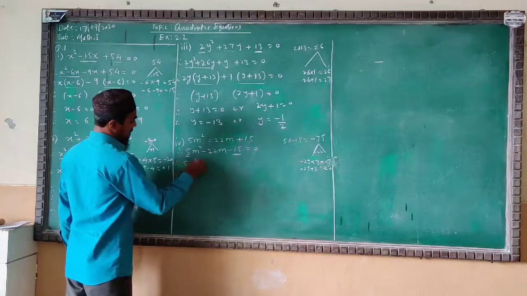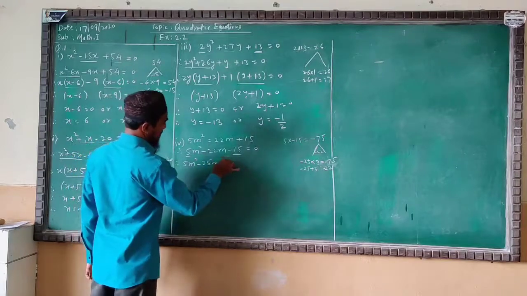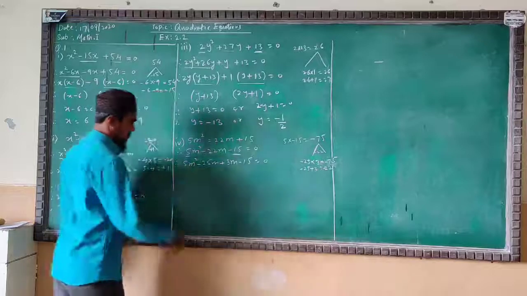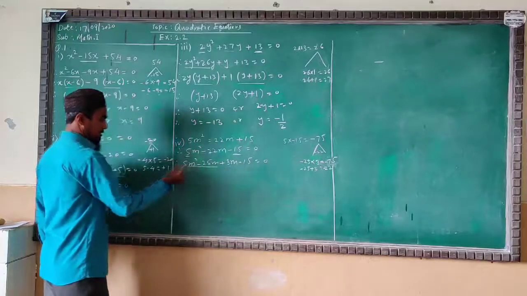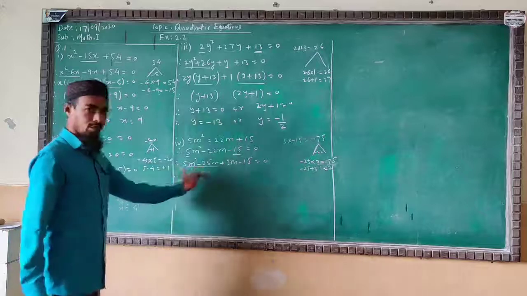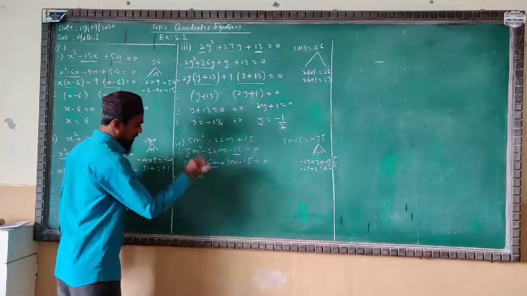5m square will be as it is, minus 25 with m plus 3 with m minus 15 is equal to 0. Now here I am taking 5m as a common, because both are multiples of 5. So I am taking the 5m as a common inside the bracket.